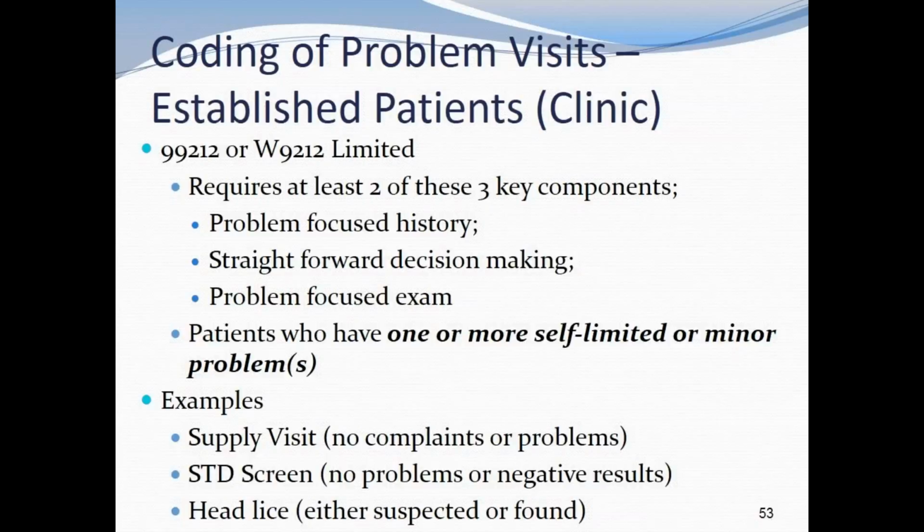This is where you have a supply visit with no complaints, no problems. She's just coming and she's like, I want my pills, I need my pills, I gotta have my pills, you know. And then your STD screens. So-and-so down the street said that so-and-so might have this, so I'm here to get checked. You know how that works. So that's your STD screen with no problems or negative results.